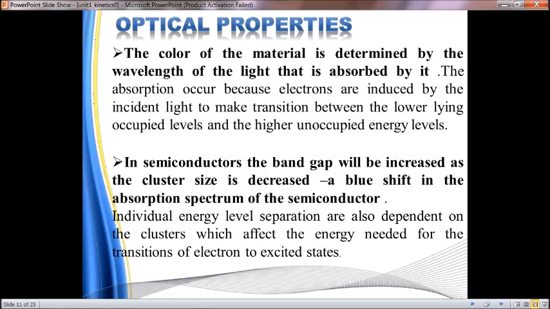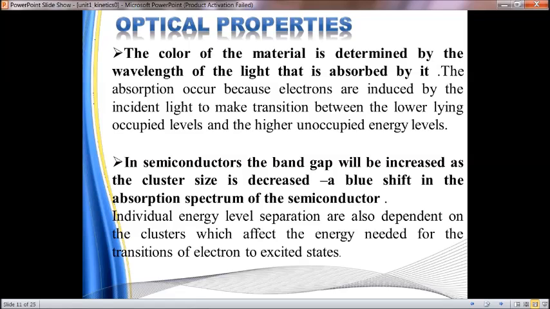The absorption occurs because electrons are induced by the incident light to make transitions from the lower lying occupied levels to higher occupied energy levels. You have studied population inversion in optical theory, so the same thing is given over here. In semiconductors, the band gap will increase as the cluster size decreases.